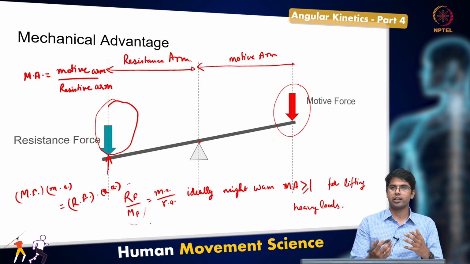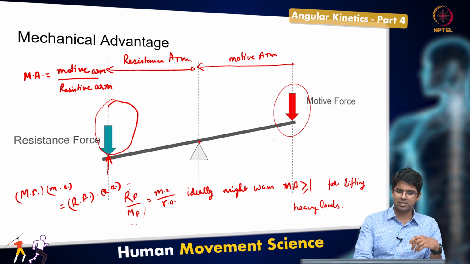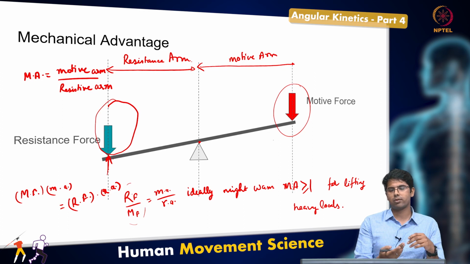My mechanical advantage is 2. Then at max, by placing the load on the resistance arm, I will be able to lift a weight of 100 times 2, that is 200 kgs only. If the weight is above 200 kgs, my force will not be able to overcome this.